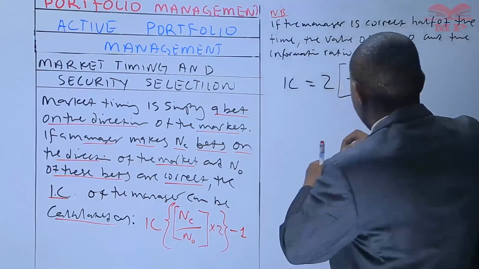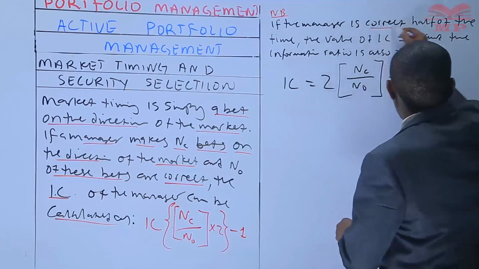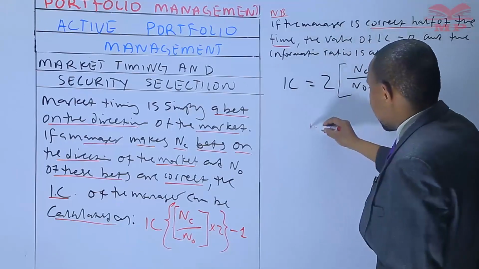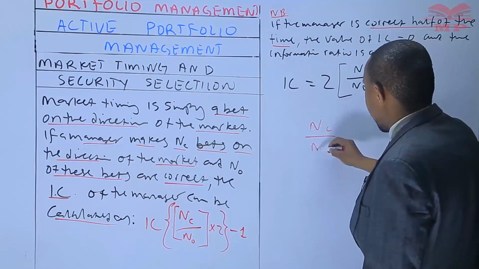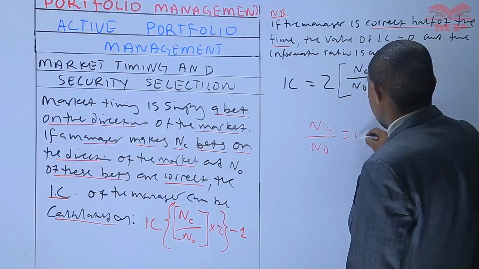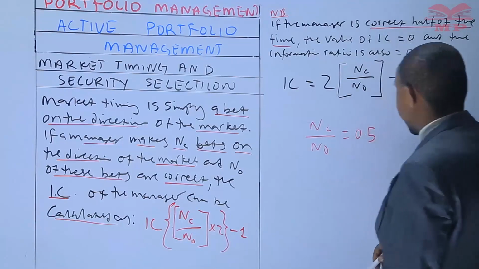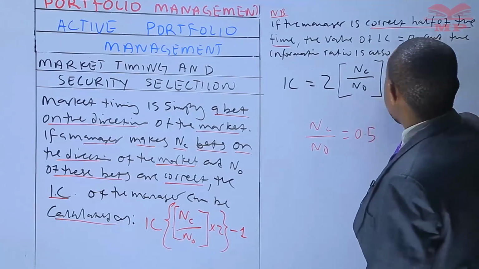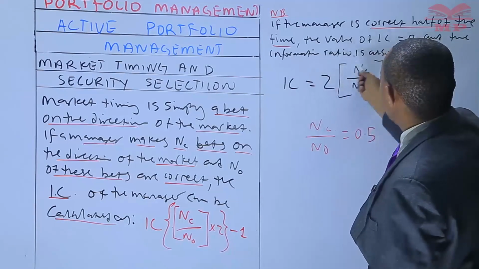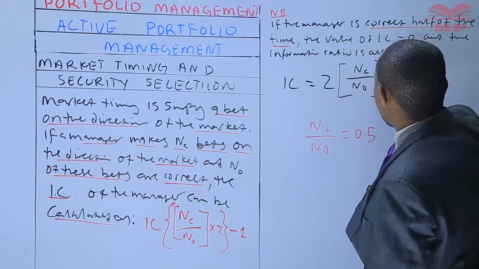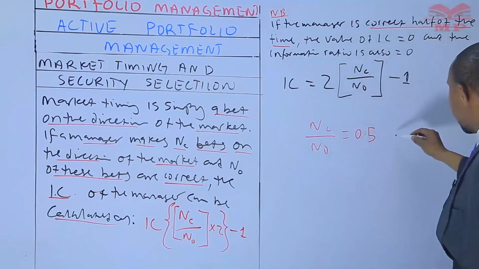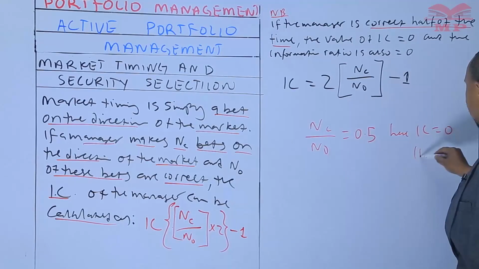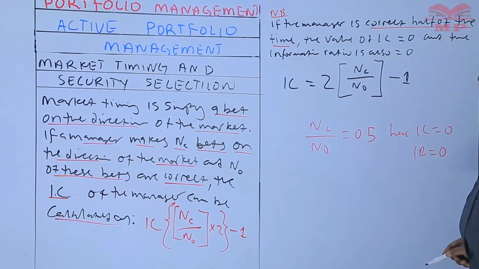If the manager is correct half of the time, that means NC over N not is equal to 0.5. Hence the information coefficient is going to be 0 and the information ratio is going to be 0.